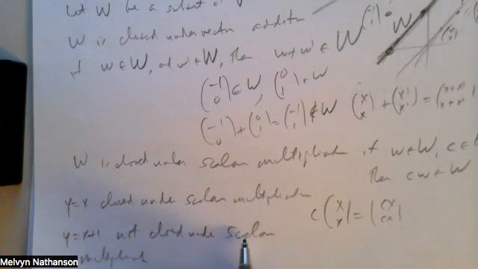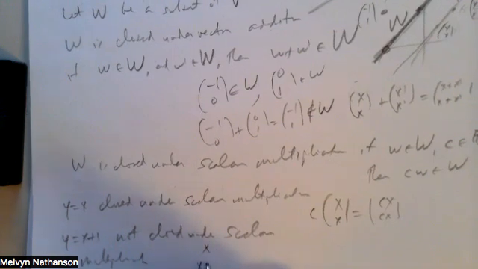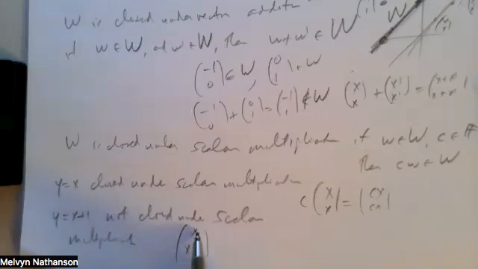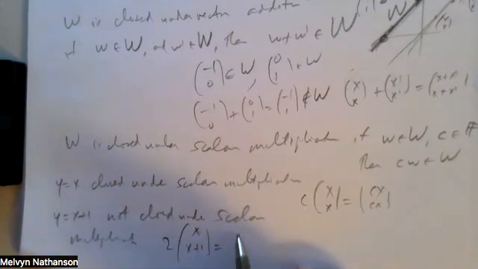For example, an element in this line, if the first coordinate is x, the second coordinate is x plus 1. So this satisfies first coordinate plus 1 equals second coordinate, y equals x plus 1. Suppose I multiply this by 2.